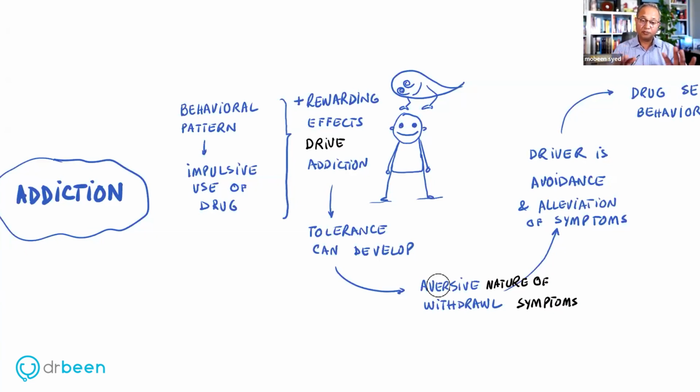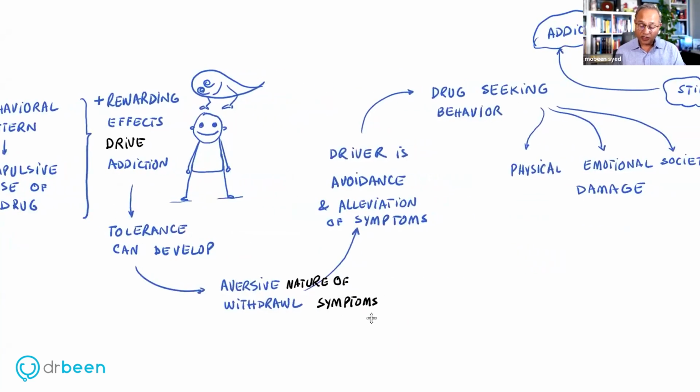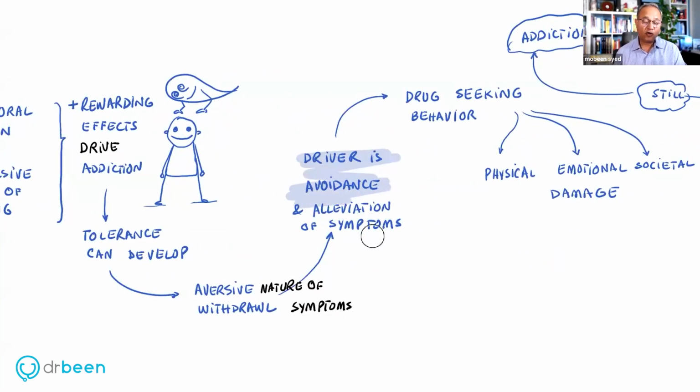Plus, let's say if there's pain that is coming back, the patient is going to be averse to these symptoms. So naturally, what is the patient going to say? The patient is going to say, I need opioids. So the aversive nature of withdrawal symptoms will drive the patient for avoidance and alleviation of symptoms.